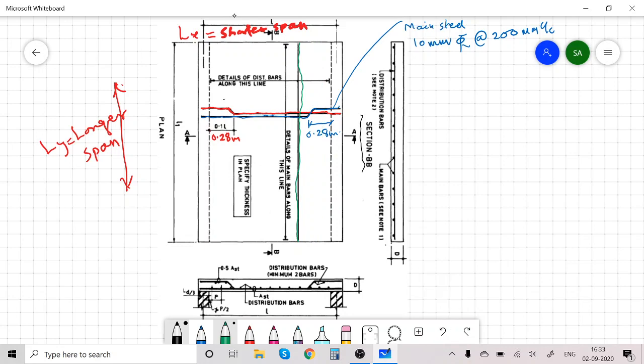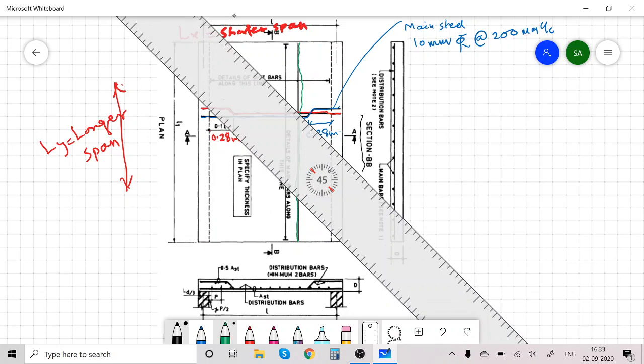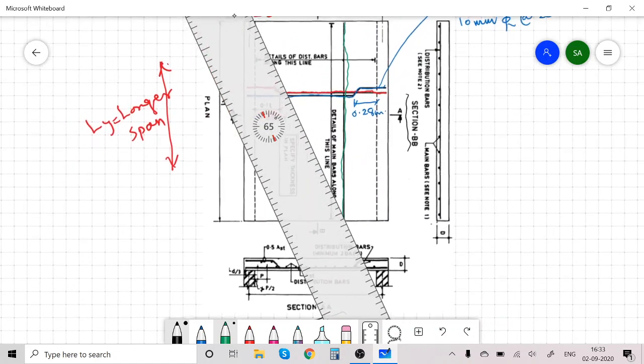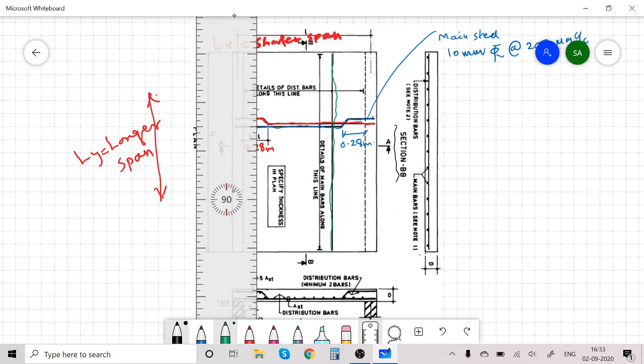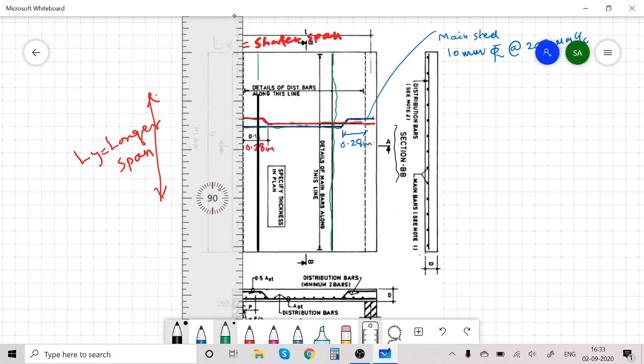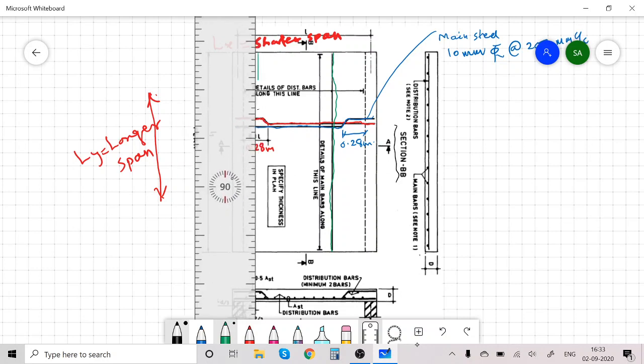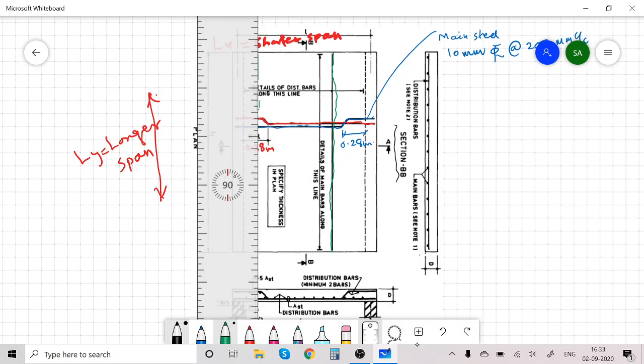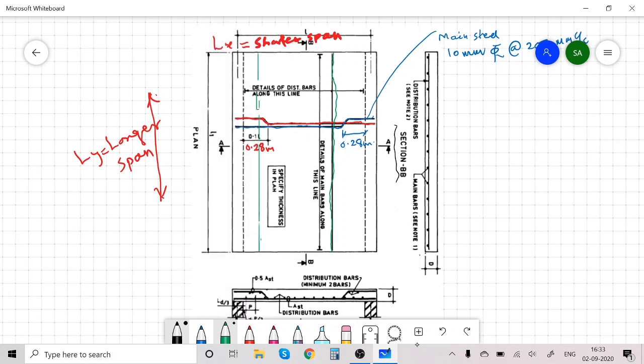These are the distribution steel. And so distribution steel I am drawing, showing with this green ink. Along this longer span you will show the distribution steel. So these bars are 6 mm mild steel at 150 mm center to center.